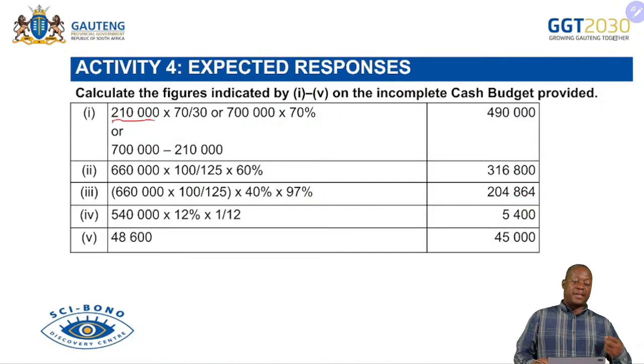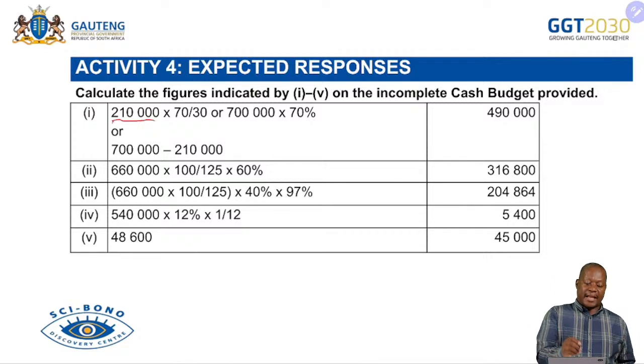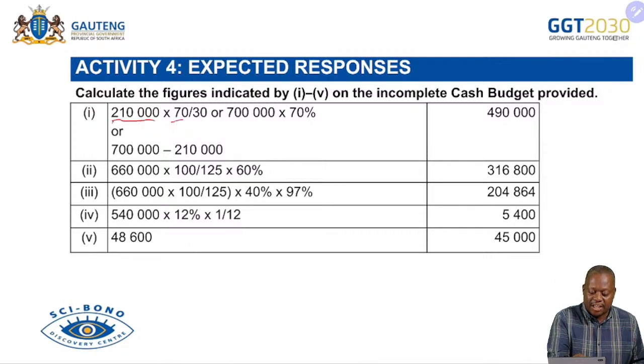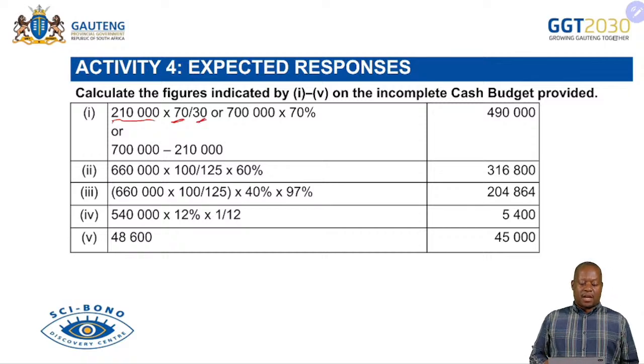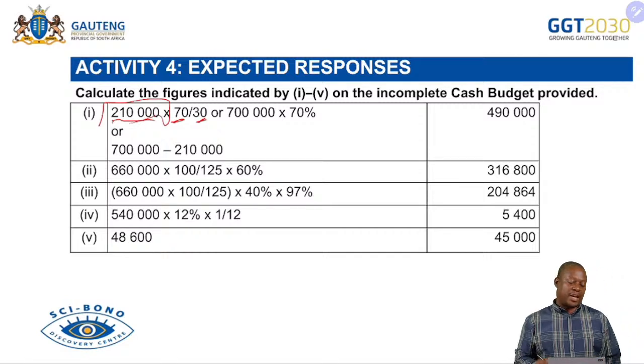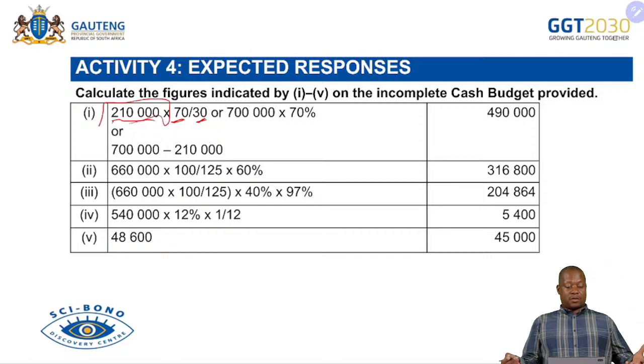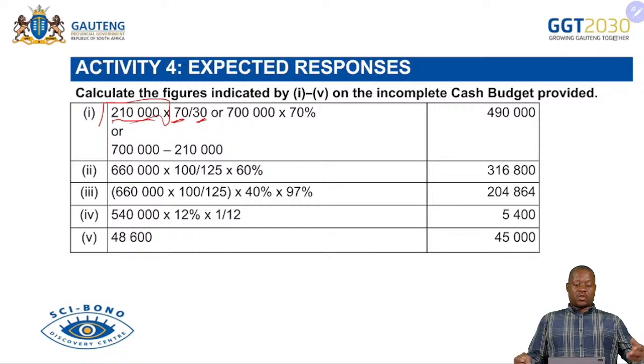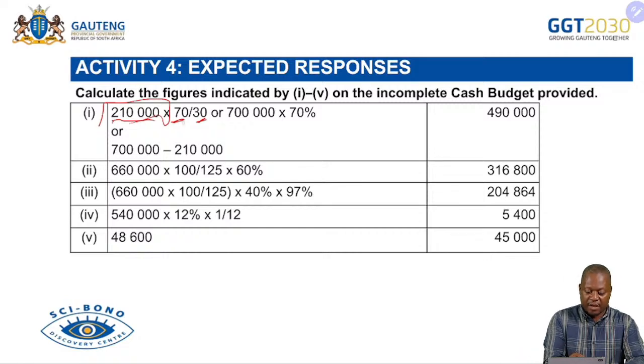We are given the credit ones. And they are saying 70% is cash and 30% is credit. So we are going to use the credit ones to go back to the cash ones. Simple, right? So we are going to say 70 over 30 multiplied by 210,000. And then we get our 490.